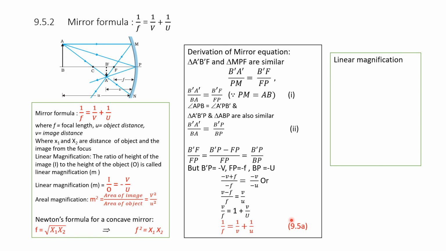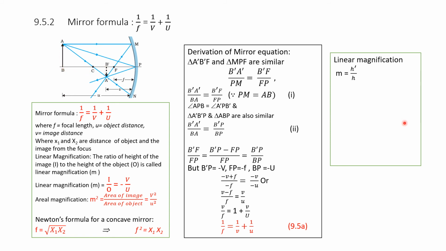Linear magnification is given by image height divided by object height, that is h' divided by h, which is equal to A'B' divided by AB, that is equal to B'P over BP, that is equal to minus of h' divided by h, because you see here A'B' is negative, because we are measuring it from top to bottom; going downwards is negative and going upwards is positive.